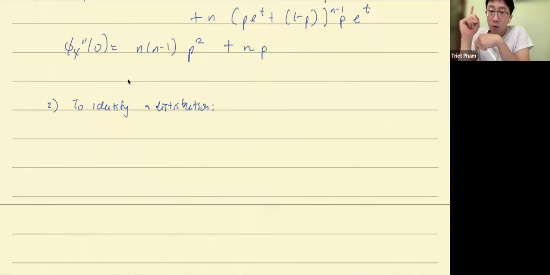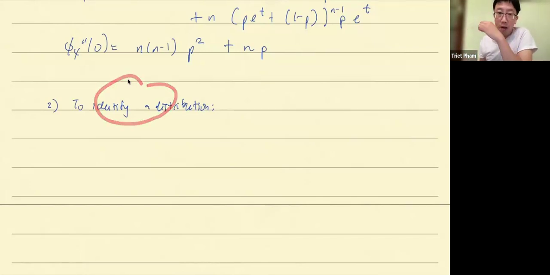But one thing they always will give you is the MGF of a random variable. A complete or standard description of a random variable will almost always include the MGF. So the reason is something along this line, to identify a distribution.